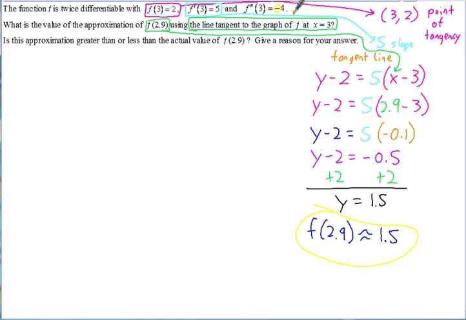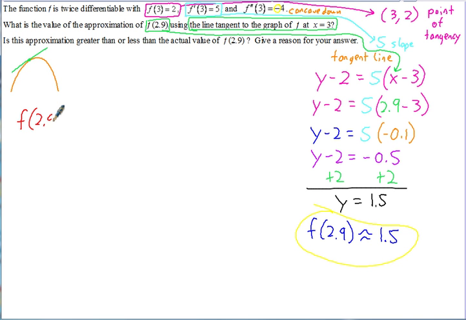Since the second derivative is negative, that means our graph is concave down. So if it's concave down, shaped like a funnel, it looks like this. And that means our tangent line lies above the graph. So you can see right here the tangent line's above where the function is, so that means it's overestimating.